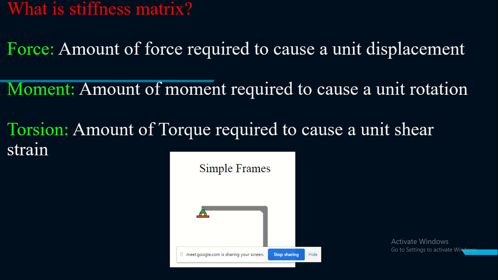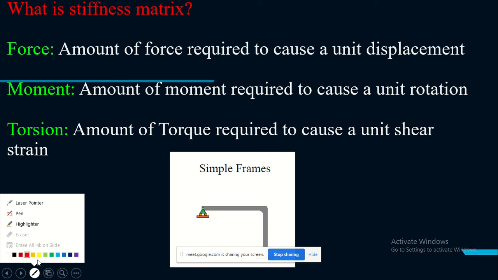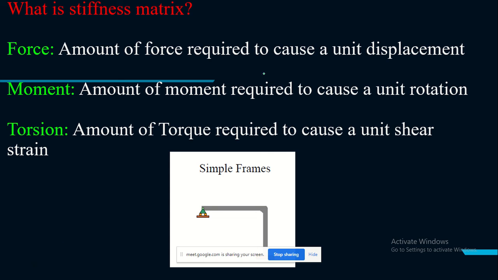For torsion, it is the amount of torque that can cause a unit shear strain. That's the point. Now, if all these things are available in a stiffness matrix, the force, the vertical, you call it shear, moment, and torsion, then in fact the stiffness matrix would be a single one.